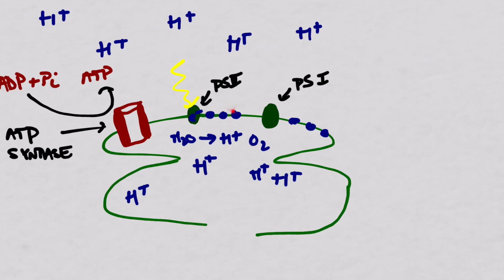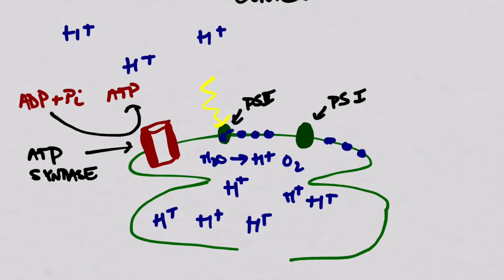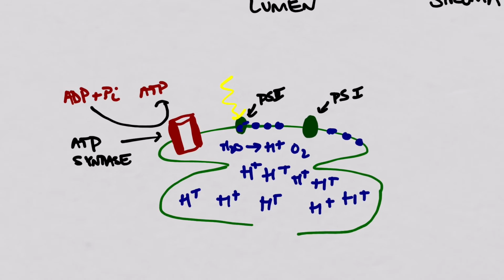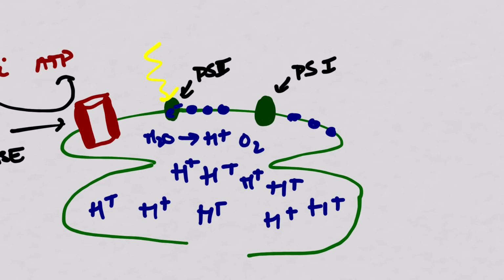So as it passes down through here, it is going to pump hydrogen ions back inside the membrane, thus maintaining this gradient, high inside the thylakoid and low outside, so we can keep producing ATP from our ATP synthase. So that's what happens in the electron transport system that follows photosystem 2.